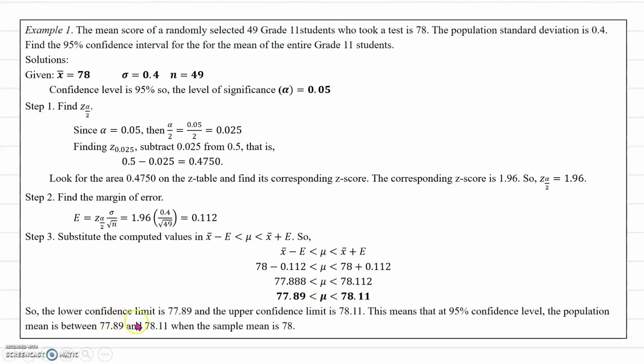So the lower confidence limit is 77.89 and the upper confidence limit is 78.11. This means that at 95% confidence level, the population mean is between 77.89 and 78.11 when the sample mean is 78. Okay?